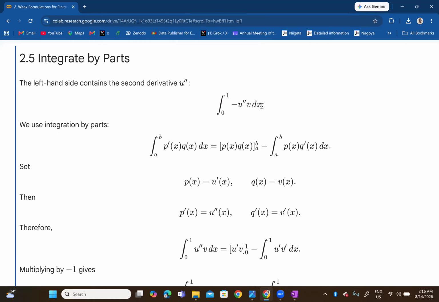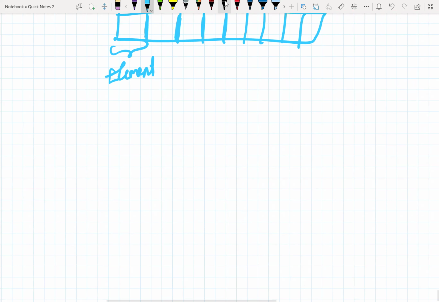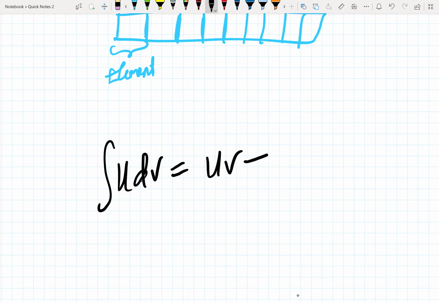For integration by parts, it is always good to choose carefully. Integration by parts is simply this: integrating u dv gives you uv minus the integral of v du.